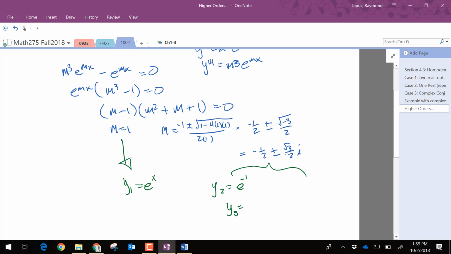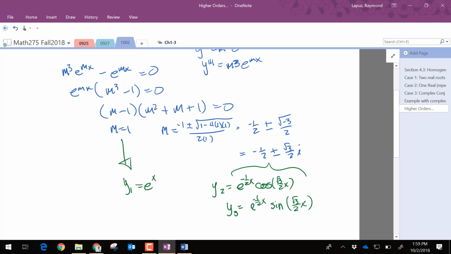So e to the negative 1/2 x times, the first one is going to have the cosine, the second one is going to have the sine. The sine of this angle, it doesn't matter if it's positive or negative, we're just going to use the positive. So it's just going to be square root of 3 over 2 x. And then your second solution from the complex conjugates, and third solution overall, would be the same alpha, e to the alpha x, and this time you'll have sine of square root of 3 over 2 x.